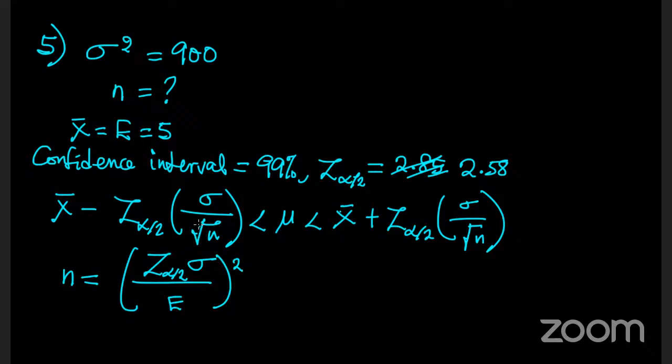Remember that this n here has a root sign. We take this to the other side. We'll have to take out the root sign, so we'll square the right hand side. We can try that quickly and see. I'll call this E, right?